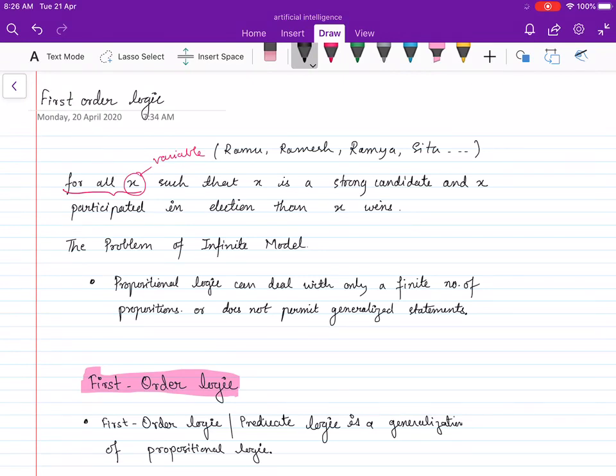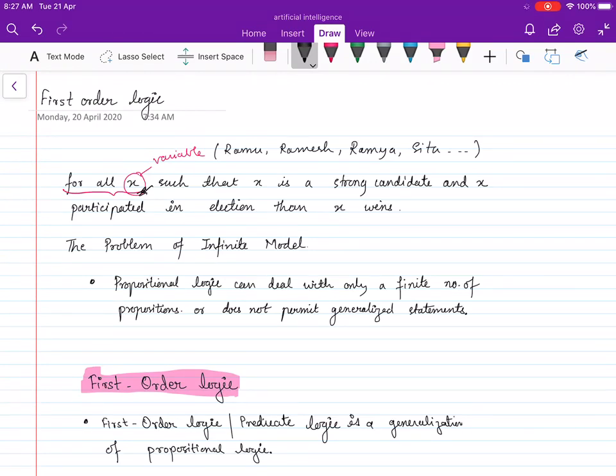So names can be infinite, or a large number of candidates may be present. The problem with propositional logic is that it cannot deal with variables, it has to be a constant. As it cannot deal with infinite names or numbers or variables, this was the problem in propositional logic.